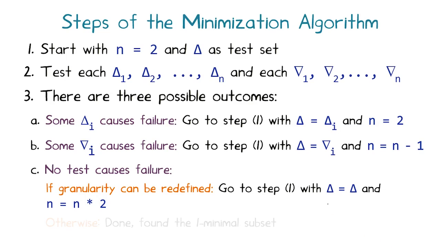If the granularity is already at maximum, that is, n is greater than or equal to the size of delta, then this means that each capital delta i consists of a single change and removing any single change causes the test case to no longer fail. Therefore, the test case is one minimal and we stop. Let's analyze this algorithm's complexity and see how it compares to our previous attempt.